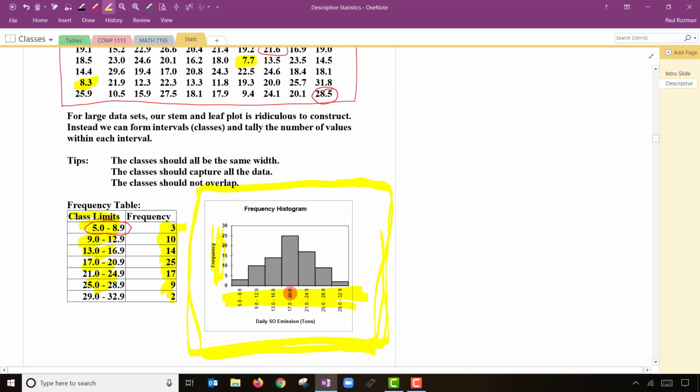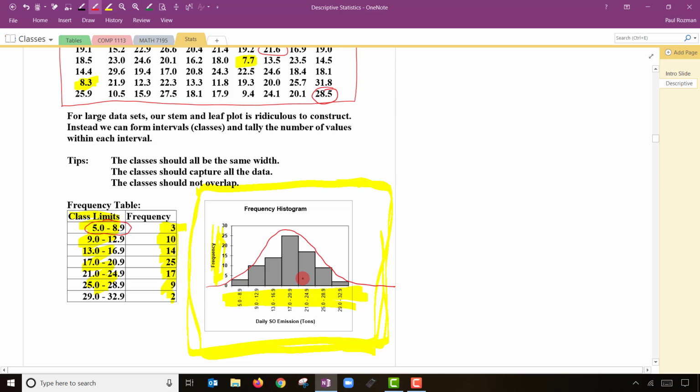Look at this plot now. What do we see? We see that it has a nice shape. This is basically what everyone calls the bell curve, the normal shape, where most of your data is clumped up in the middle, and then you don't have very many values in the high end or the low end.